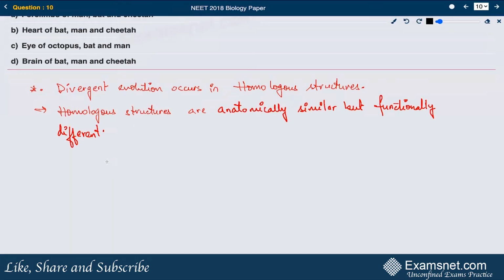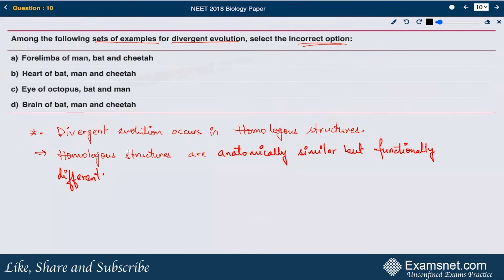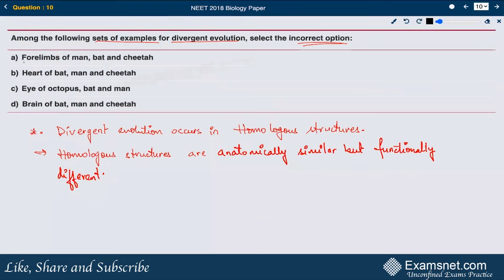So if you just look into the different examples that have been given, the first example is forelimbs of man, bat, and cheetah. All right. So here you have to find out the incorrect option, that is, which is not showing divergent evolution. Forelimbs of man, bat, and cheetah is an example of divergent evolution because they are anatomically similar, but functionally different. Forelimbs of man are meant for holding or touching a substance.